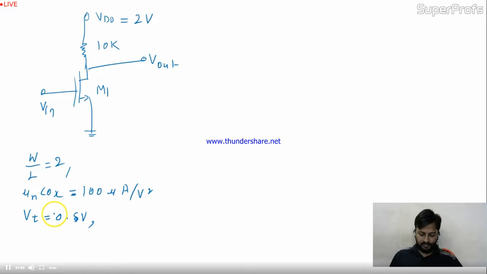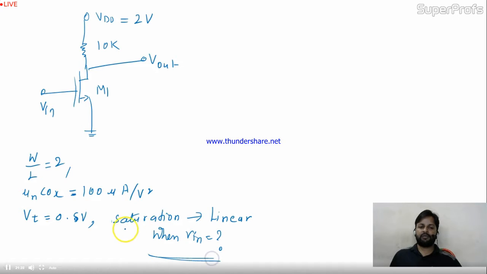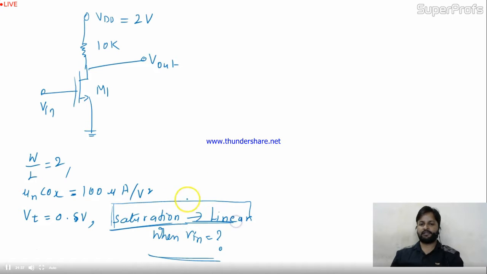The transistor M1 switches from saturation region to linear region. Now the question is, when V in is equal to what will the circuit switch from saturation to linear? So simply they are asking for the point between saturation and linear region.